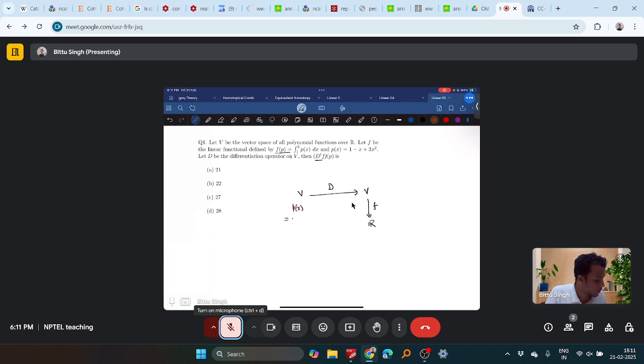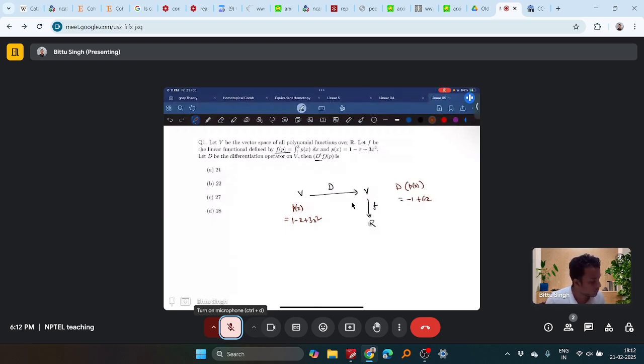This is p(x), defined by 1 minus x plus 3x squared. So if we operate via D, we get minus 1 plus 6x, just taking the differential.